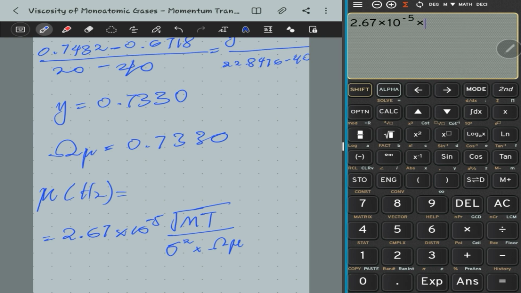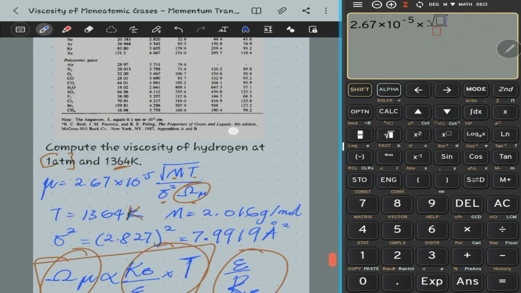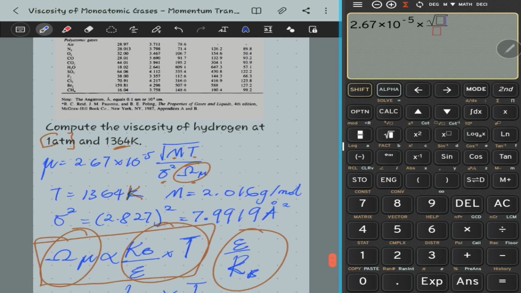And we have times the square root, and the molecular weight we were given, we found from the table to be 2.016, right? And the temperature, already in Kelvin, 1364, right?